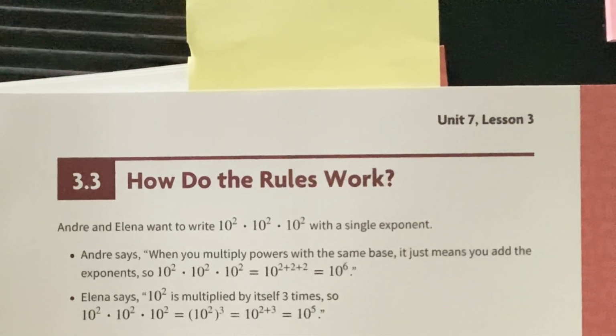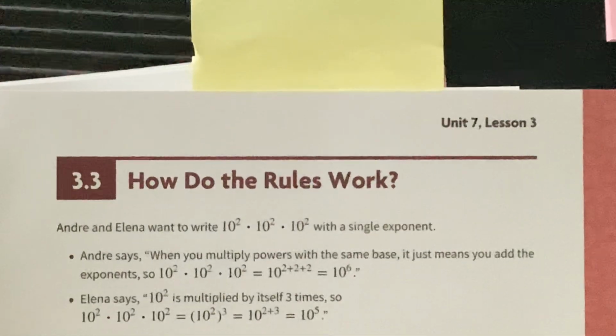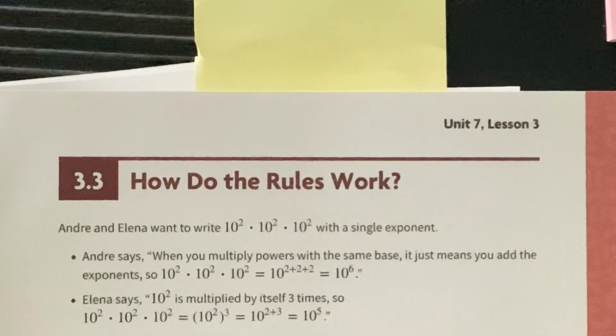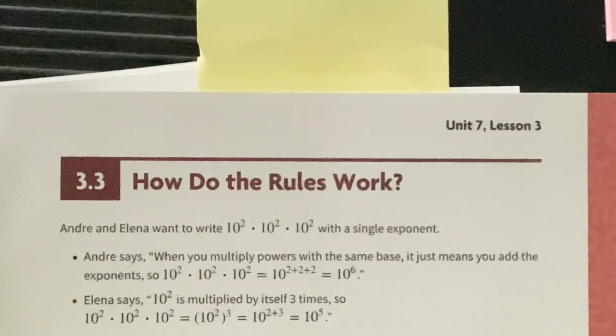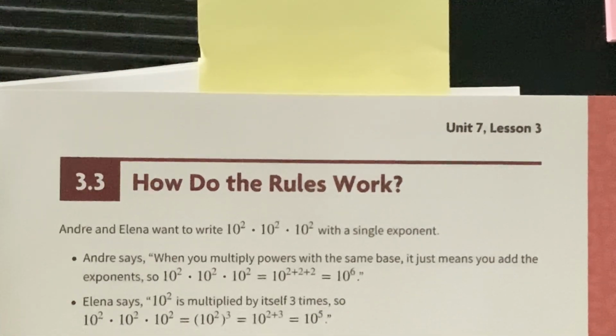Andre and Elena want to write 10 to the power of 2 times 10 to the power of 2 times 10 to the power of 2. Andre says when you multiply the same base, you just add the exponents.